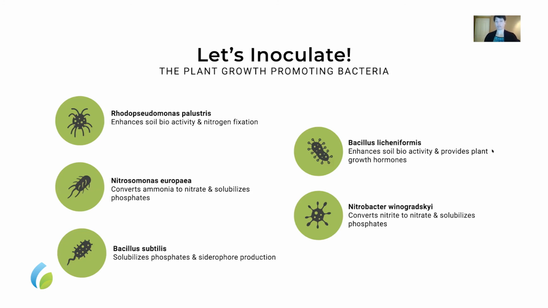And in the context of what we care about, their job is to solubilize phosphates, improve nitrate concentrations, convert ammonia or other forms of ammonia to nitrate, as well as siderophore production, which is really just making metal ions available to the plants. So that's something that Bill spoke about a little bit when he was talking about arsenic earlier. Next slide.